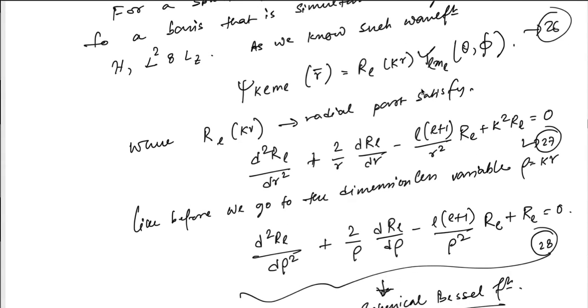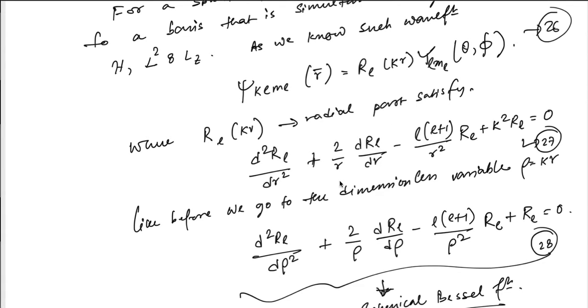Okay, so we know this result can be divided into two parts: a radial part and an angular part, and the angular part satisfies a certain equation because of spherical symmetry. That's easy to solve, and all the non-triviality is packed inside the radial part, because the radial part has the potential V(r), which depends only on r. So the radial part must satisfy this form of equation.